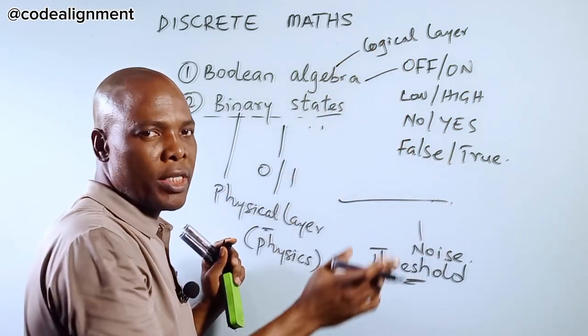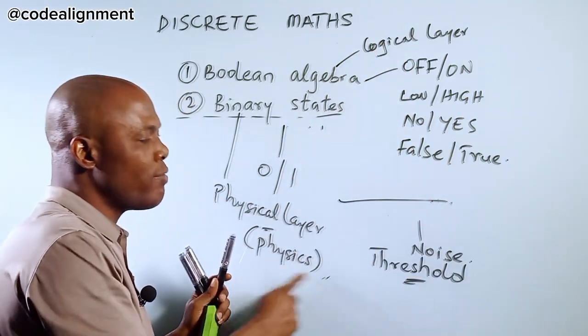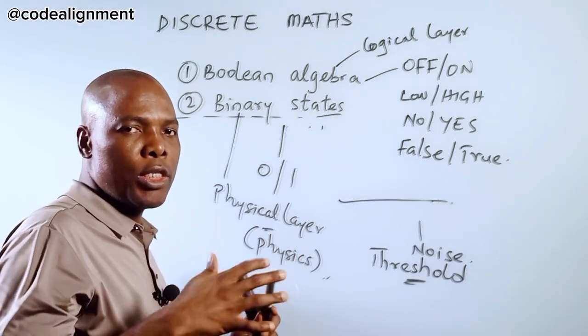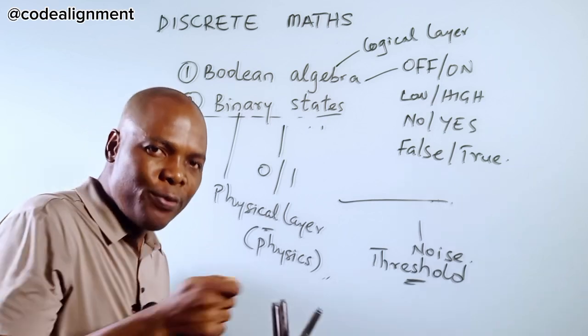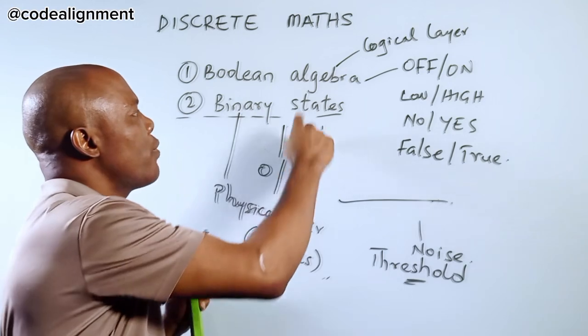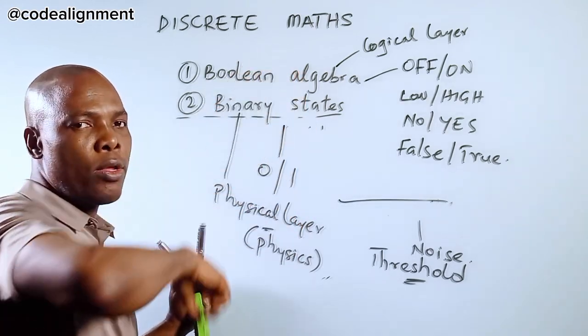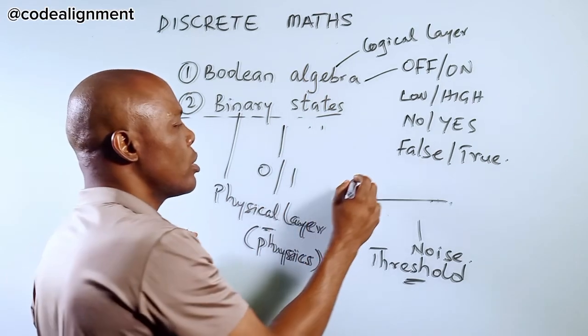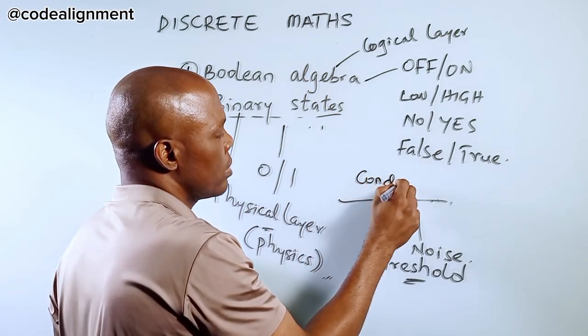So logic does not see that. So physics has to convert that uncertainty into what? Certainty, which is 0 and 1, which is a finite state. So that has to be converted to 0 and 1 before it is fed into this Boolean algebra. So what does this do? This has to do with what? Condition evaluation.